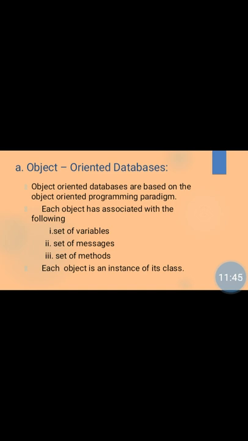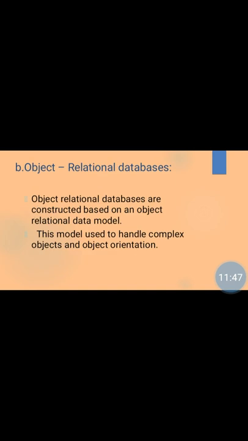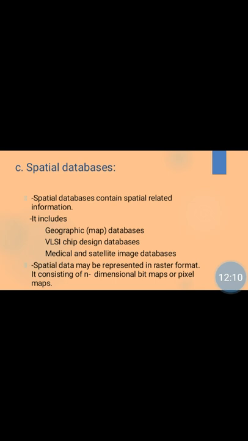Next slide is object relational databases. Object relational databases are constructed based on the object relational data model. This model is used to handle complex objects and object orientation. This kind of database is called an object relational database. Next is spatial databases.